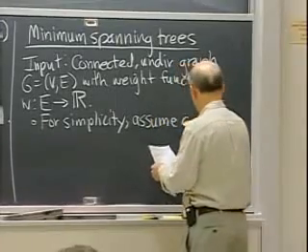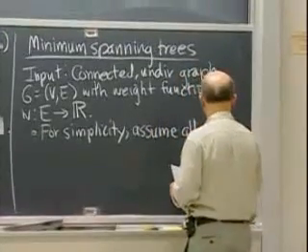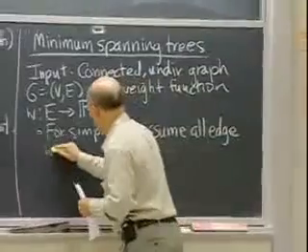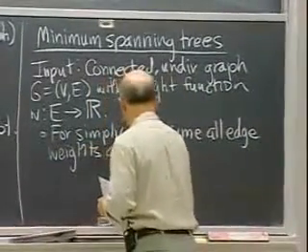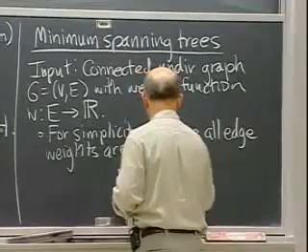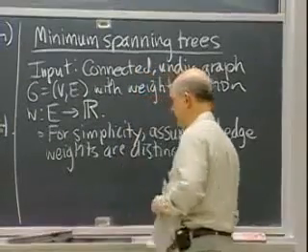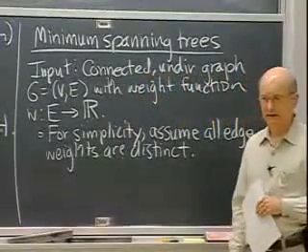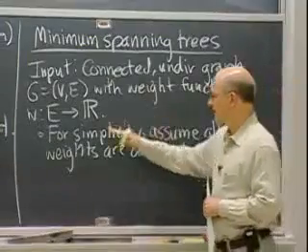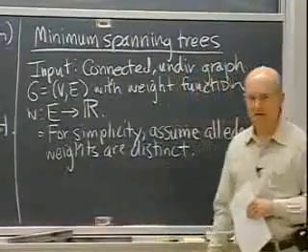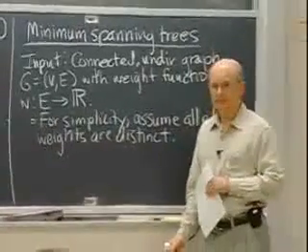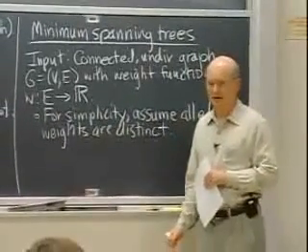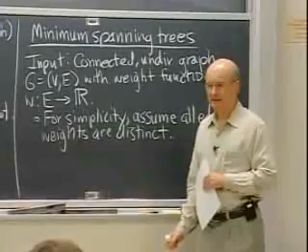We're going to assume that all edge weights are distinct. All edge weights are distinct. So what does that mean? What property does the function w have if all edge weights are distinct? Who remembers their discrete math?